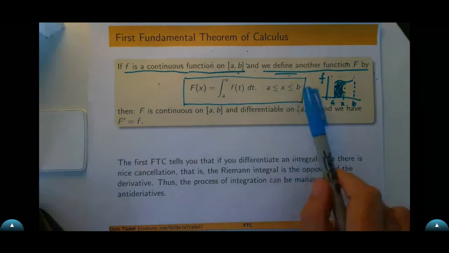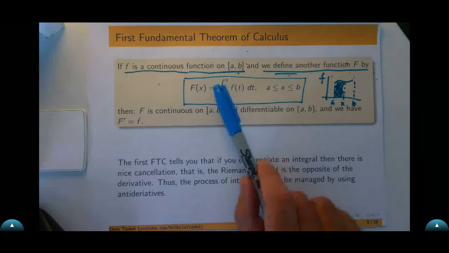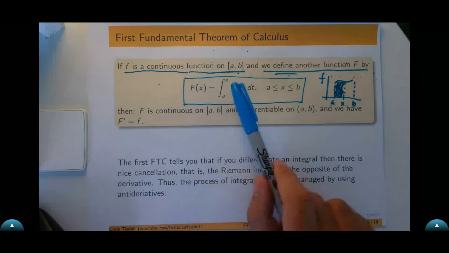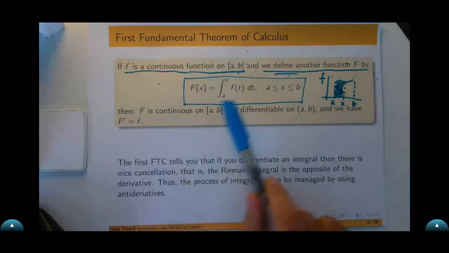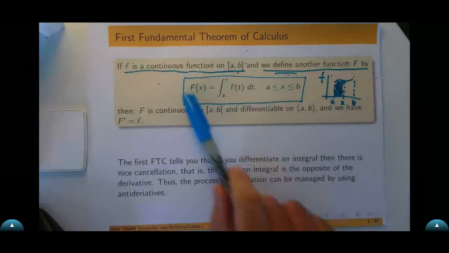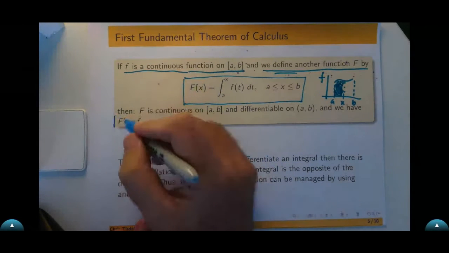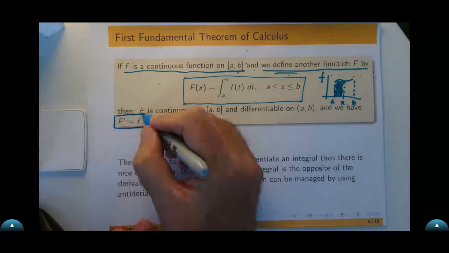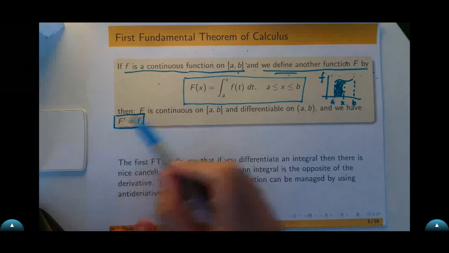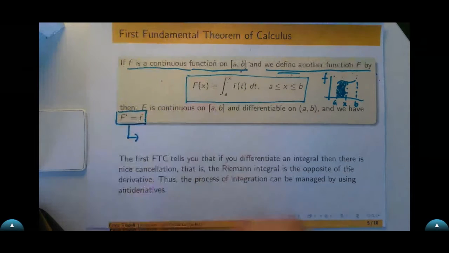All right. So what happens with this? Well, if we integrate a continuous function, we get a continuous function from 0 to x, right? And this thing is differentiable. It's a differentiable function. And most importantly, for the examples we're going to see, the derivative of this is just f, right? So let me just write that a different way.